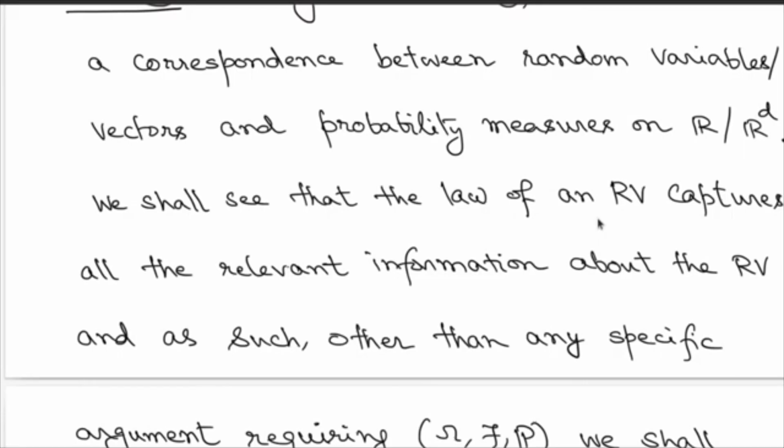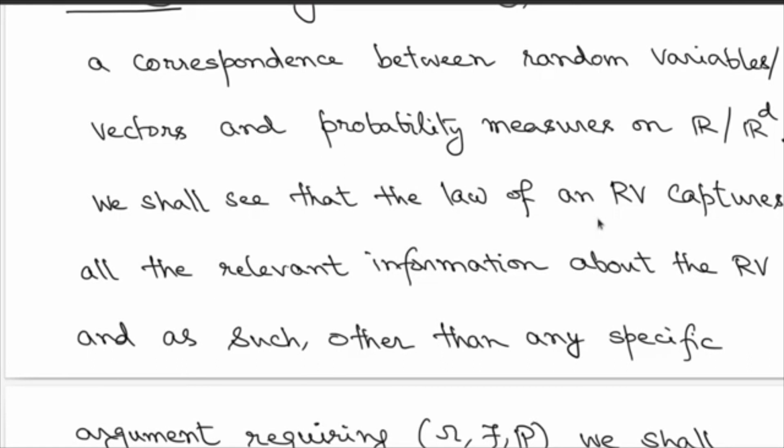But then we are yet to discuss things about moments and so on, but we shall also see that all of these can be written purely in terms of the law. So the law is quite important whenever you are discussing random variables or random vectors.